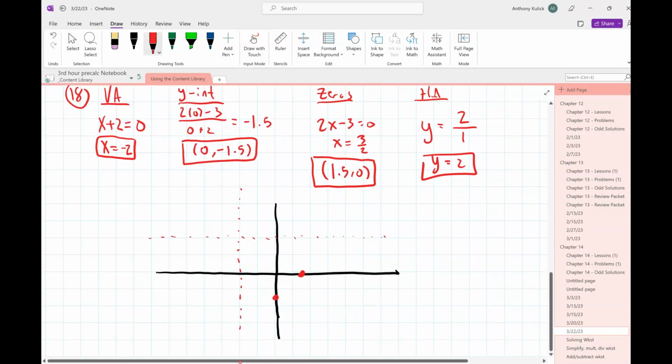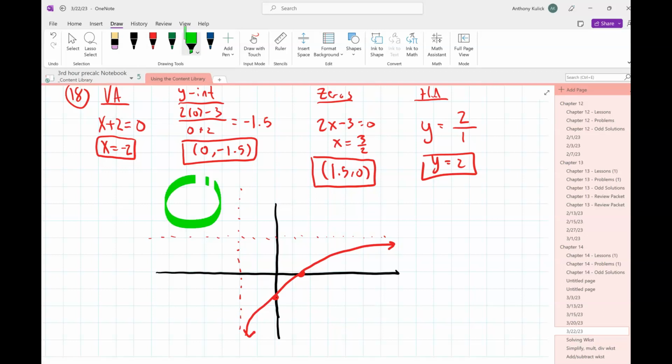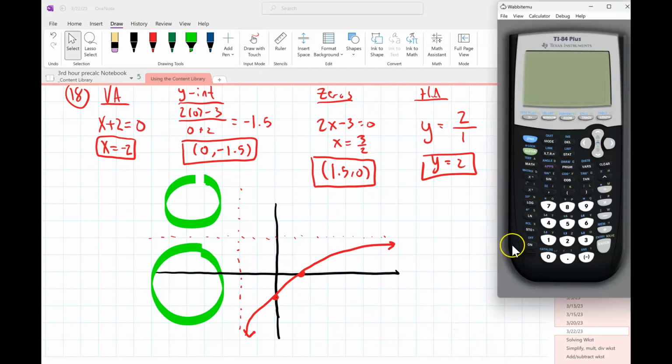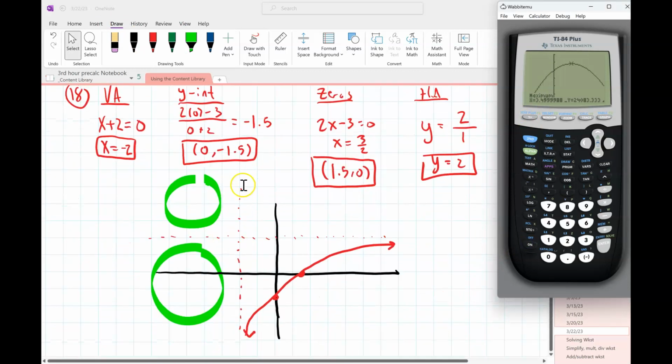Well, the right side here, I can tell, has to kind of look like this. That's the only way to connect them and still follow the asymptotes. Over here, I need to figure out, should my graph be down here or up here, right? So the way I'll do that is I'm just going to check to see what's happening to my function as I get closer and closer to -2 from the left.